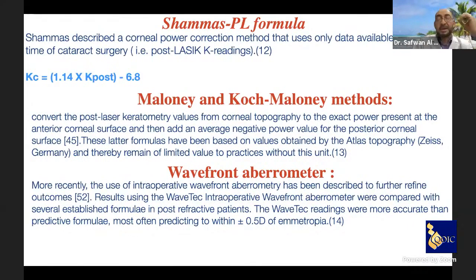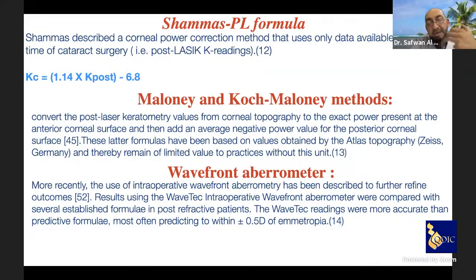Now, wavefront aberrometry, I do agree. More recently, the use of intraoperative wavefront aberrometry has been described to further refine outcome results using the WaveTec intraoperative wavefront aberrometry, where compared with the several established formulas in post-operative and post-refractive patients, the WaveTec readings were more accurate than predictive formulas, most often predicting within plus or minus 0.5 diopter of emmetropia. But what are the pros and cons here?